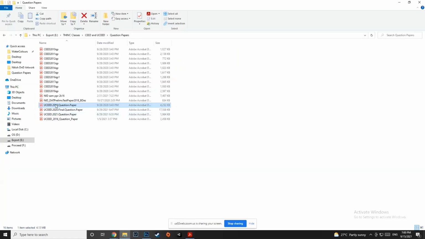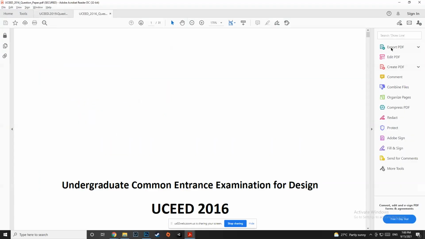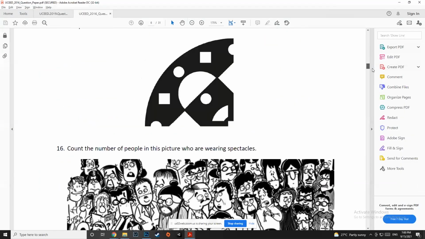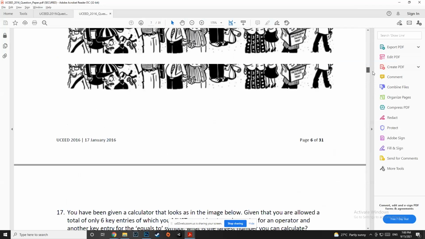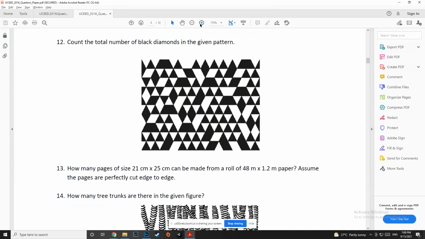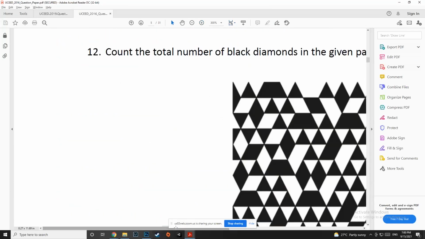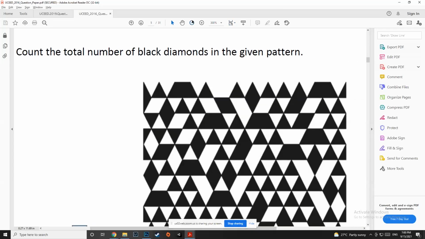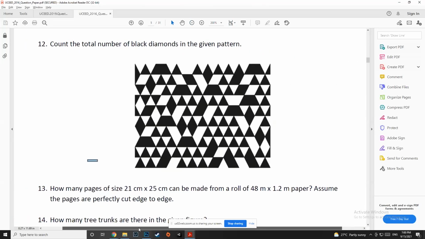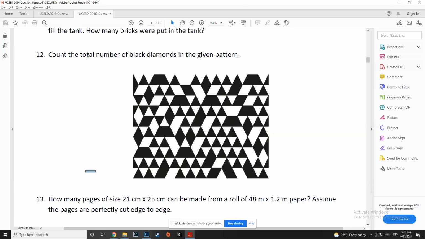Can we quickly find somewhere here? Just wait. Yeah, now look at this. This is also shape counting, right? Exactly same question, shape counting, but look how they formed it very differently. They're not asking you to make anything. They're asking count the total number of black diamonds, right? So what do you have to do in this?